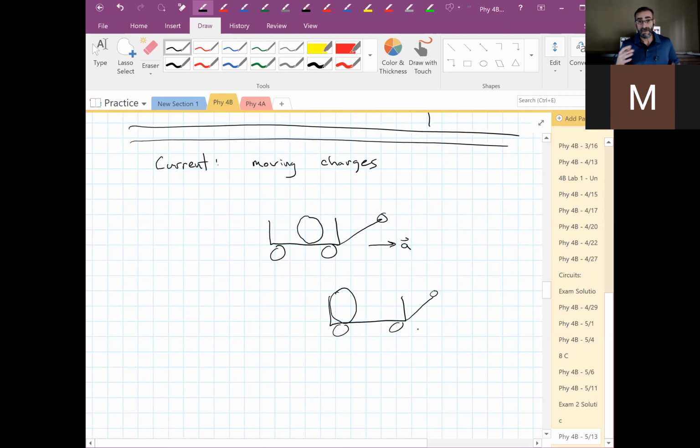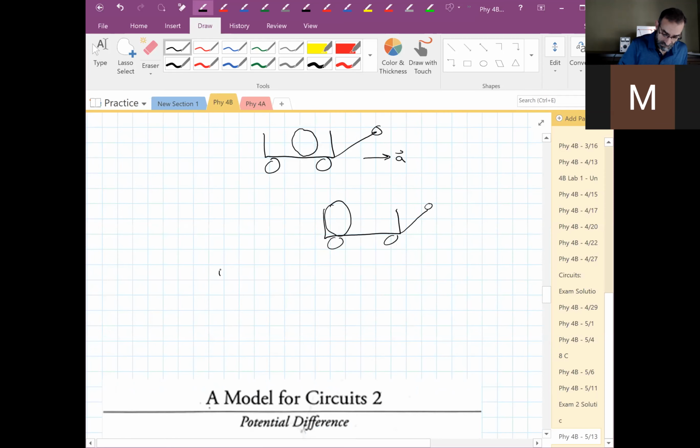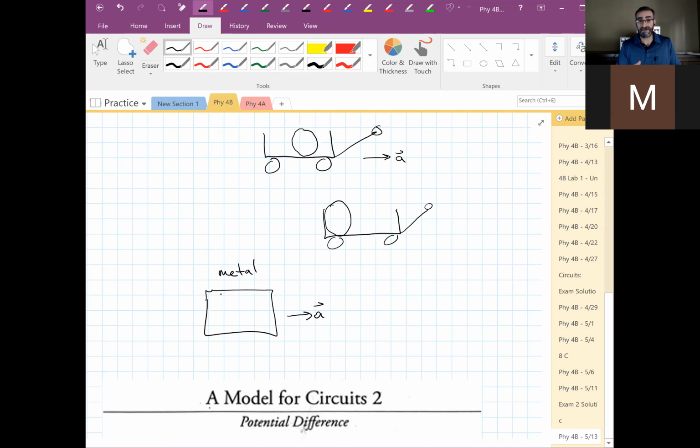So what they did is they took a conductor. They knew the charges were free to move in the conductor, though they didn't know which ones. They figured these are particles with mass, so they have some inertia. If we take a conductor, a piece of metal, and we accelerate it, then the particles that are free to move, like the ball in the wagon, are going to lag behind.